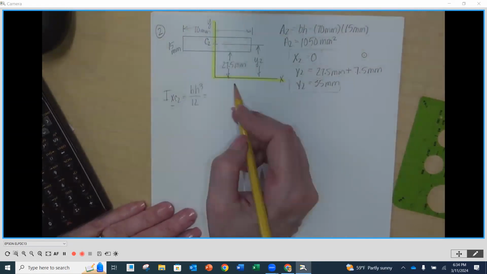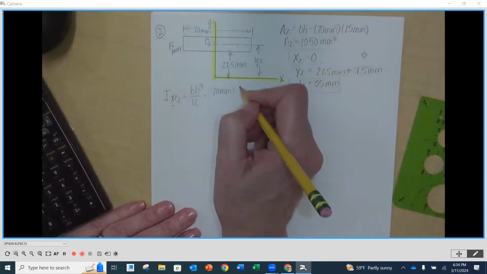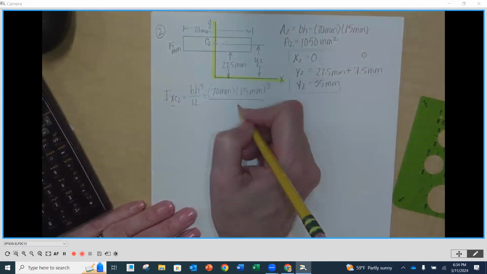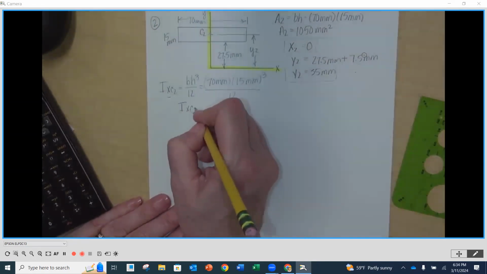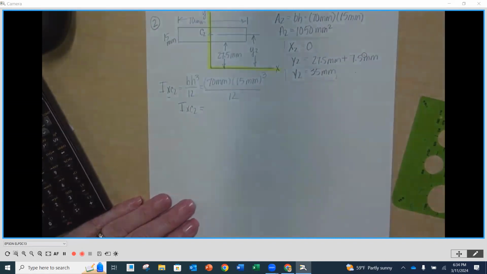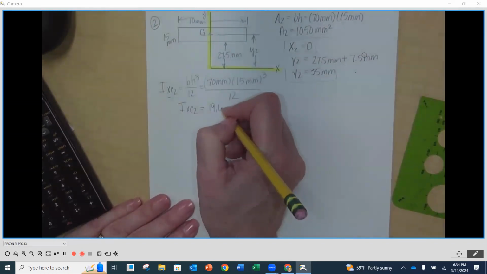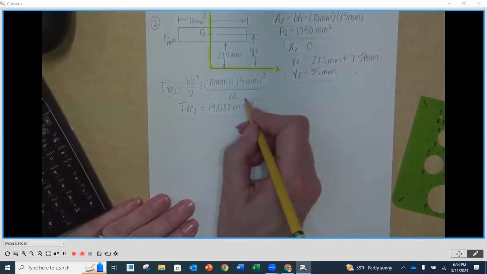So X, so it's going to be the 70 millimeters. My height is going to be the 15 millimeters. We cube the height and divide by 12. So my IXC2 is going to be 19,688 millimeters to the 4th.